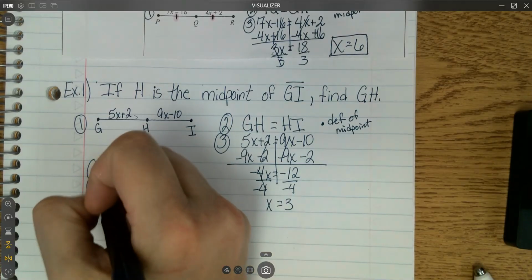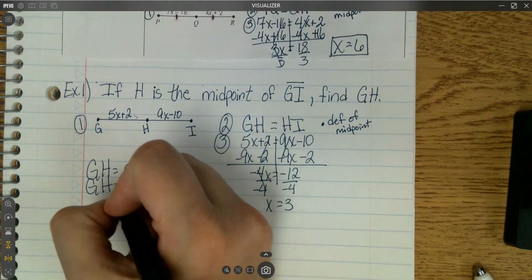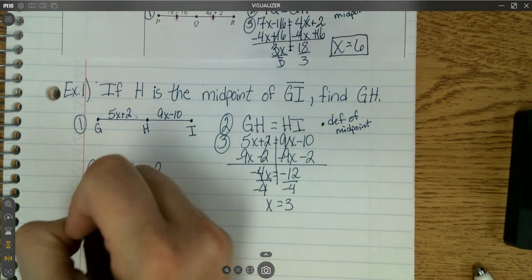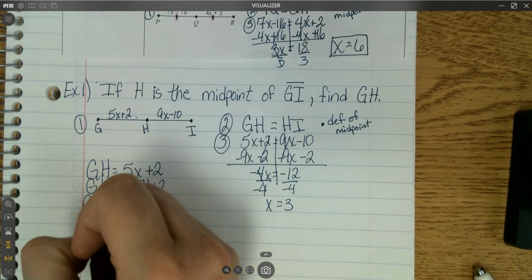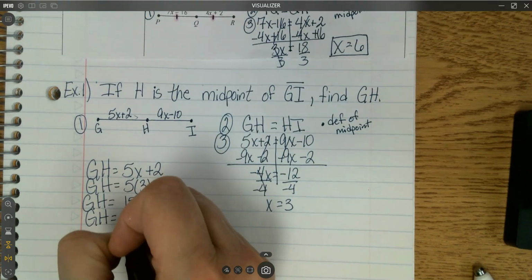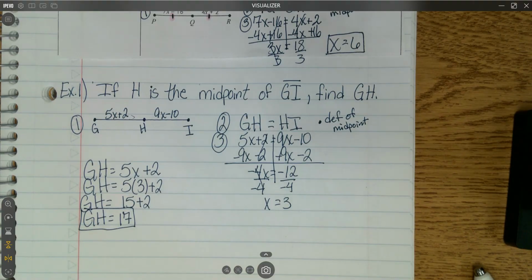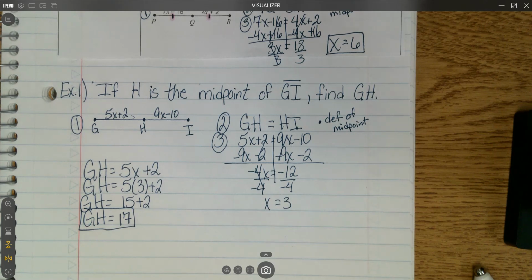And then keep that just like it would be my y equals mx plus b or something. Keep your GH, substitute x with 3, and I get 15 plus 2. I know you'll notice it's a lot of repetitive writing, but that's okay. GH is 17. Put a box around it. Look how neat and pretty that is. Make sure yours is too.